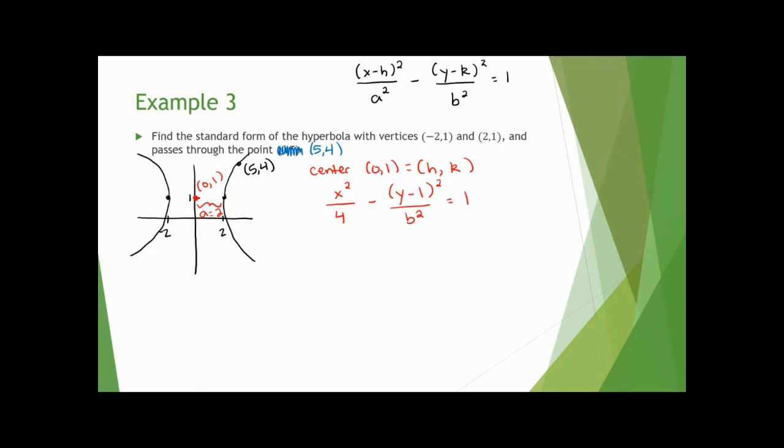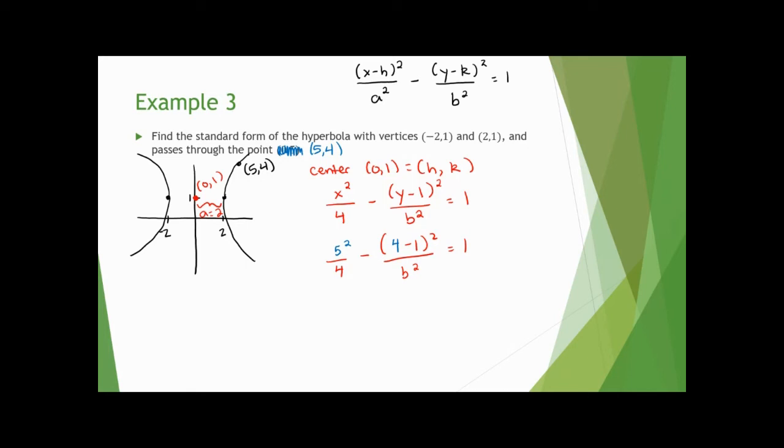So what I need to do from here is plug in (5, 4) for x and y so that I can solve and find b squared. So x is 5, so that's going to be 5 squared over 4, minus the y value in that second point that they give us is 4, so that's going to be 4 minus 1 squared over b squared equals 1.